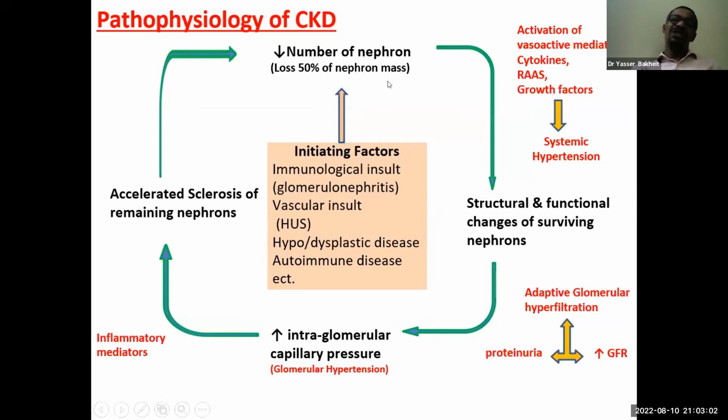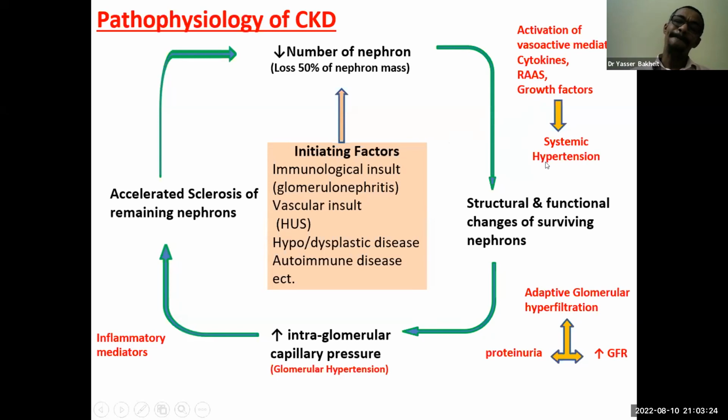When it is reduced to less than 50%, there is activation of vasoactive mediators, cytokines, the renin angiotensin aldosterone system, and growth factors, which lead to structural and functional change of the surviving nephrons and can also cause systemic hypertension.